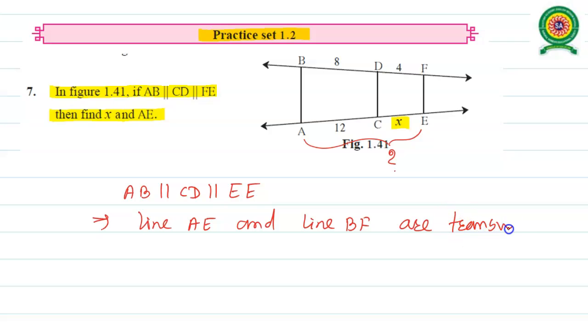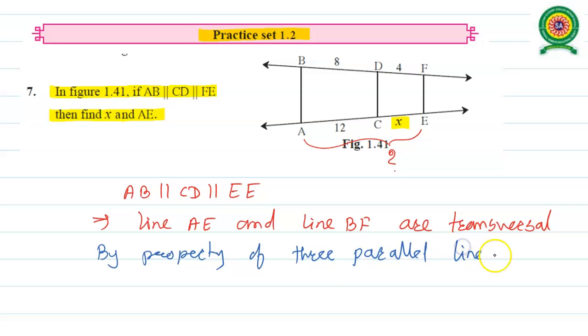Once we have three parallel lines and their transversals, we have the property of three parallel lines and their transversals. What does this property tell us? Whatever intercepts are made on the transversals are in equal proportion.